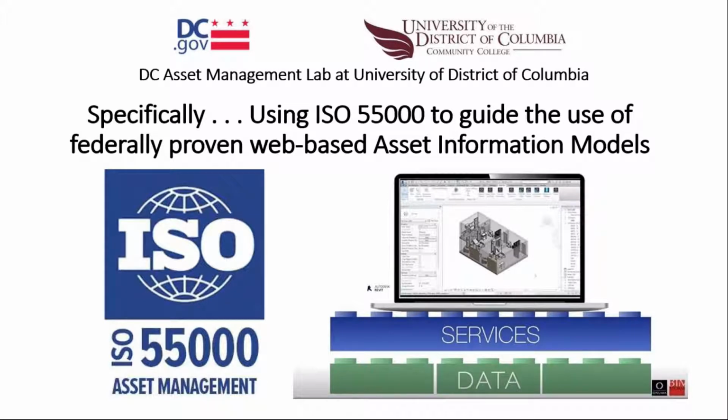And how are we going to achieve these dramatic results? We're going to use the ISO 55000 asset management system to guide federally proven web-based asset information modeling, visualizing information so people can say, I see what you're talking about related to complex subjects.